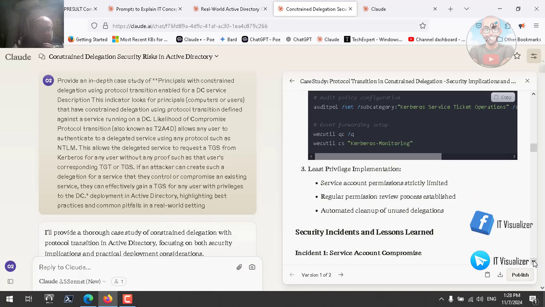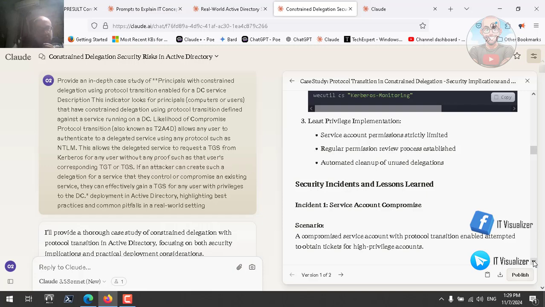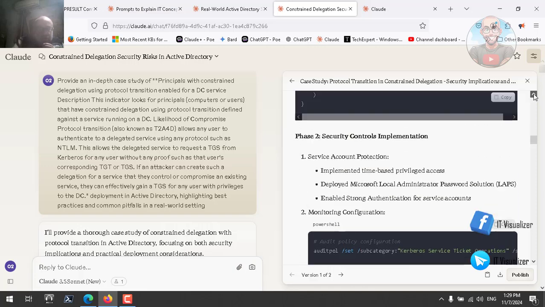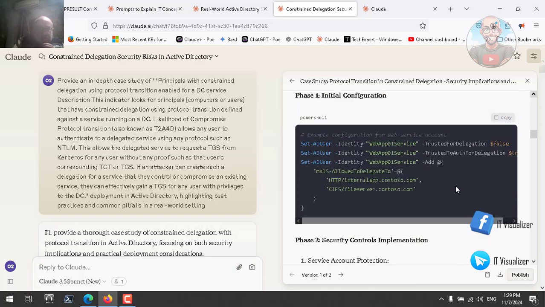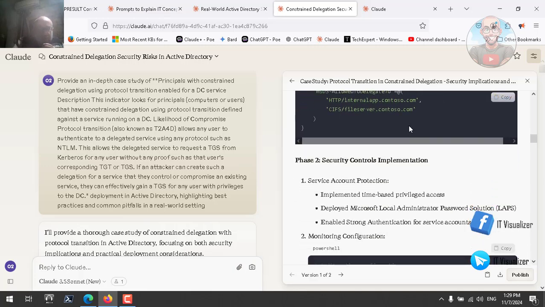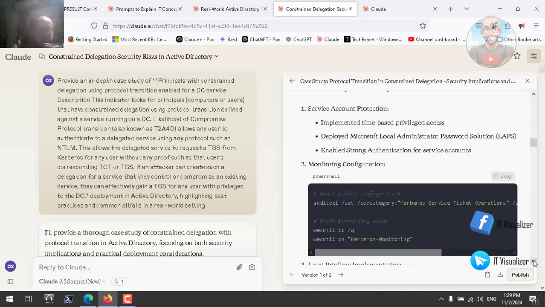Least privilege implementation: service account permissions strictly limited, regular permissions review process established, automated cleanup of unused delegations. So here I think he's talking about the ideal situation. Here he's trying to make some monitoring of the Kerberos tickets and not to give full access, only time-based access, and to have strong authentication. I think this is the ideal situation.